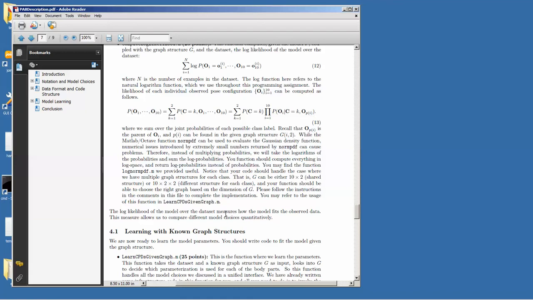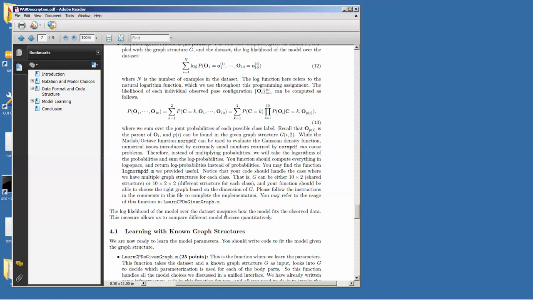The most important thing that you get out of this likelihood or log likelihood function is that, given two models, you're able to make a better decision on how the model fits the observed data, whether it is likely that one model fits the data better than the other.